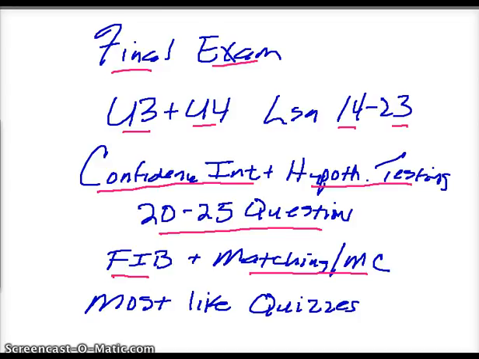And then when I say the matching and the multiple choice, you had a matching type situation where you had to pick a number in a drop-down menu, or multiple choice where you had to select those parts of the answers that are correct, okay? So it's not like what we normally mean by multiple choice, but you understand that because you took the quizzes. All right, and then last, your final exam is most like the quizzes. Most like the quizzes. So please keep that in mind.